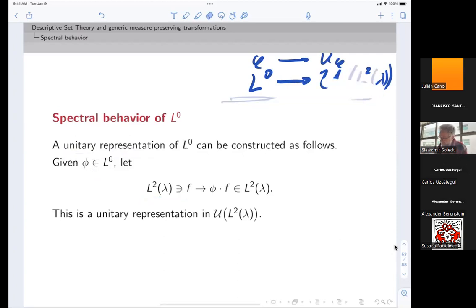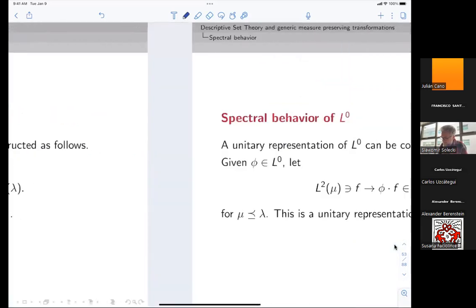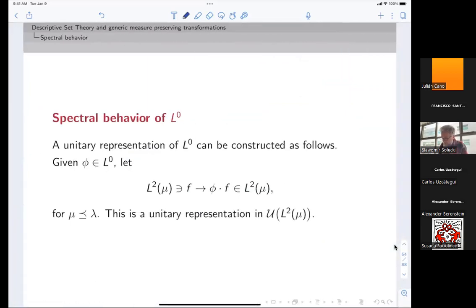Okay, so that's one. But very quickly you see that one can do a little bit more. Instead of looking at L2 of lambda, I can go to a measure mu that is absolutely continuous with respect to lambda and do the identical thing, just multiply by phi. And things will work out. This is a unitary representation now in U of L2 of mu.